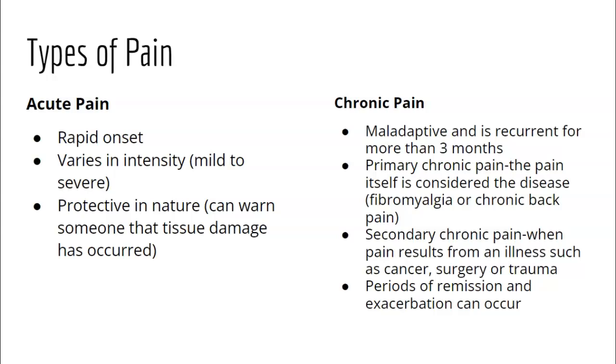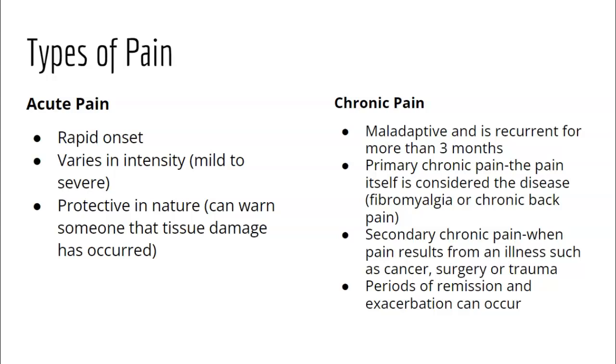There's primary chronic pain, which is where the pain itself is considered the disease, such as fibromyalgia or chronic back pain, whereas secondary chronic pain is a result of something such as an illness like cancer or surgery or trauma.